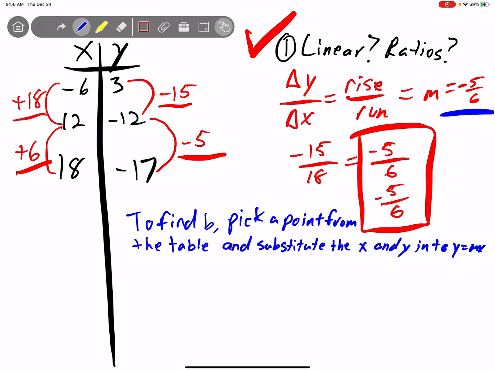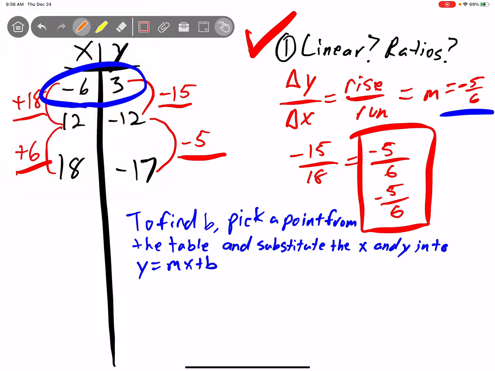That didn't work out as I wanted it to. Into y equals mx plus b. Okay, so we're going to pick a point. I'm going to pick the smaller numbers. Let's use this one. Again, it doesn't matter which one you pick. It's going to work out regardless.